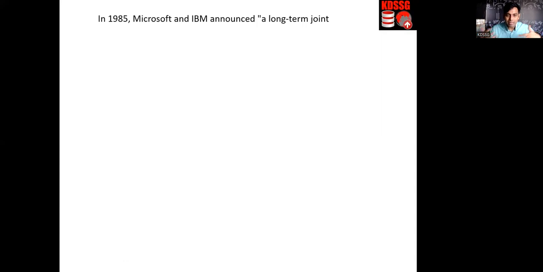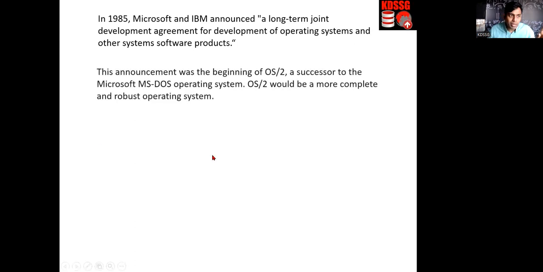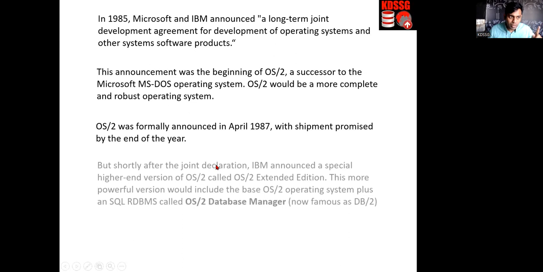So I'm giving a glance at the story, and I'll make it fast for the people who are joining new, plus a quick walk for others also. Microsoft and IBM, 2 companies, joined together in 1985 and wanted to make operating systems at that time. Because of some issues, they were not happy. They both developed one operating system called OS2.